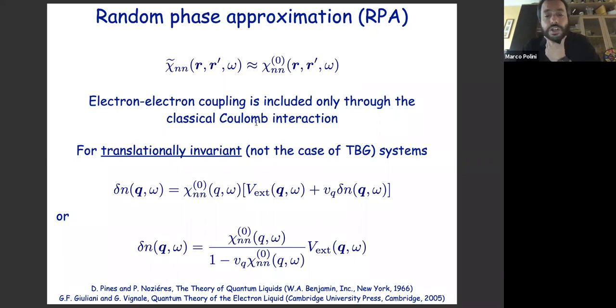For a translationally invariant system, convolutions in real space that I was showing earlier become simple algebraic products. So you can close these RPA equations very easily in systems with translational invariance, and the Fourier components of the density response are proportional to the Fourier components of the external field, and the proportionality coefficient is the density-density response function.